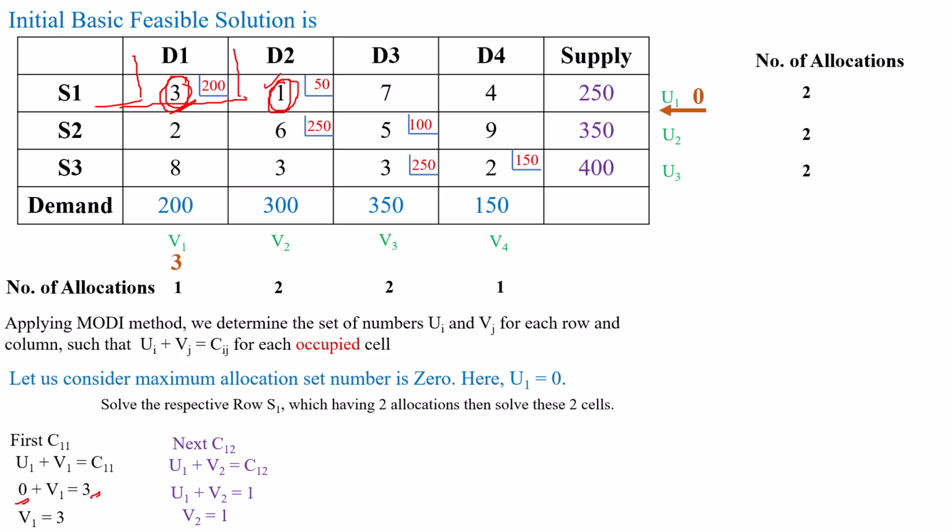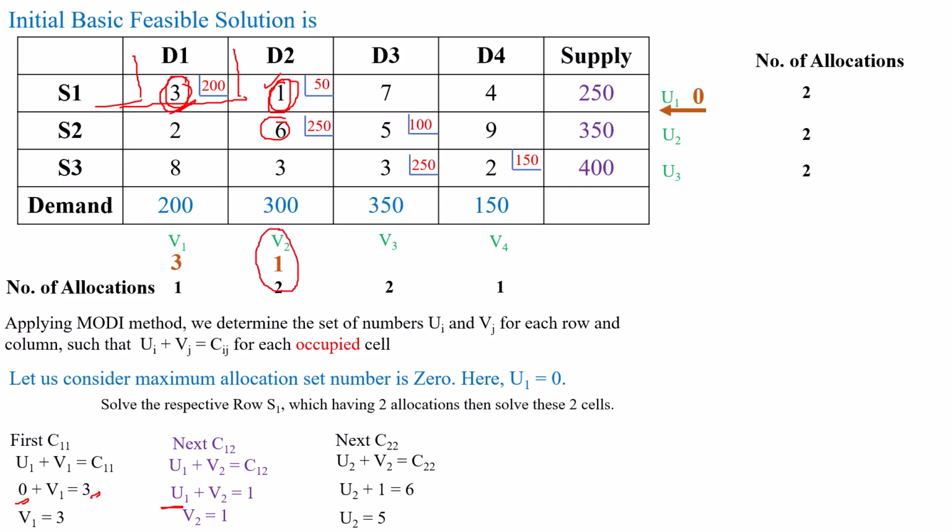We use the relation u1 plus v2 equal to C12. Since u1 is 0, v2 equals 1. Next we solve C22, because we got this value.